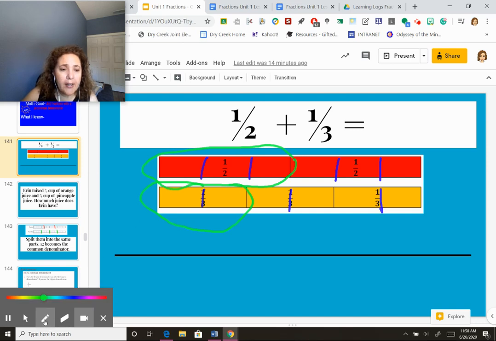So now I can see that my 1/2 is equal to 3 out of 6. So my 1/2 becomes 3 out of 6 plus my 1/3 becomes 2 out of 6.